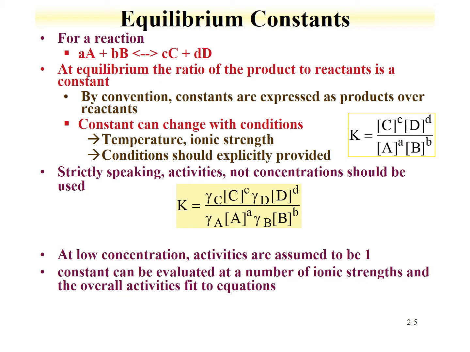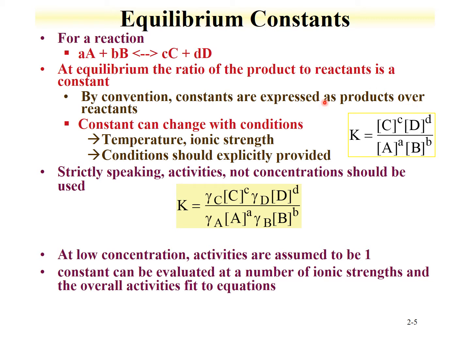For any reaction at equilibrium, we can evaluate a constant that should describe the concentrations. So here we have a generalized reaction, A plus B going to C plus D. At equilibrium, the ratio of the products and reactants is defined as a constant, and by convention, these constants are expressed as products over reactants.